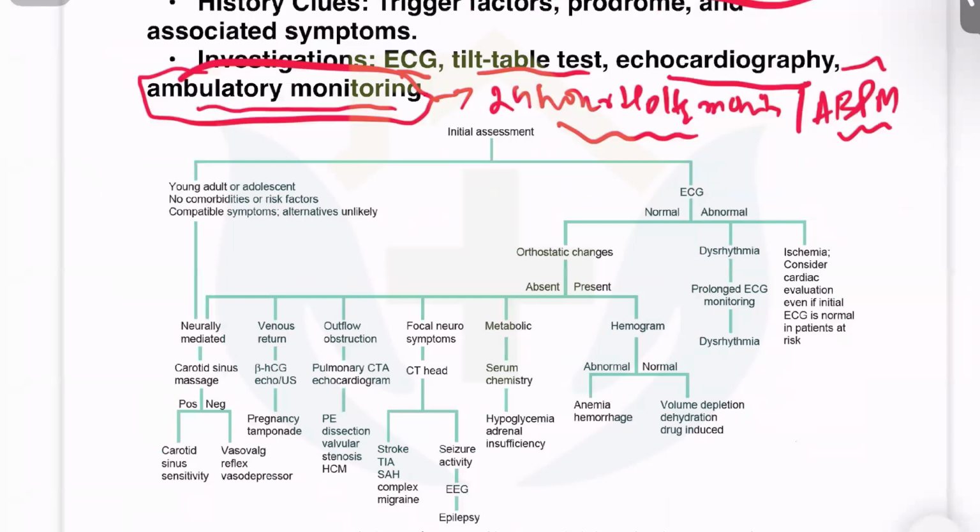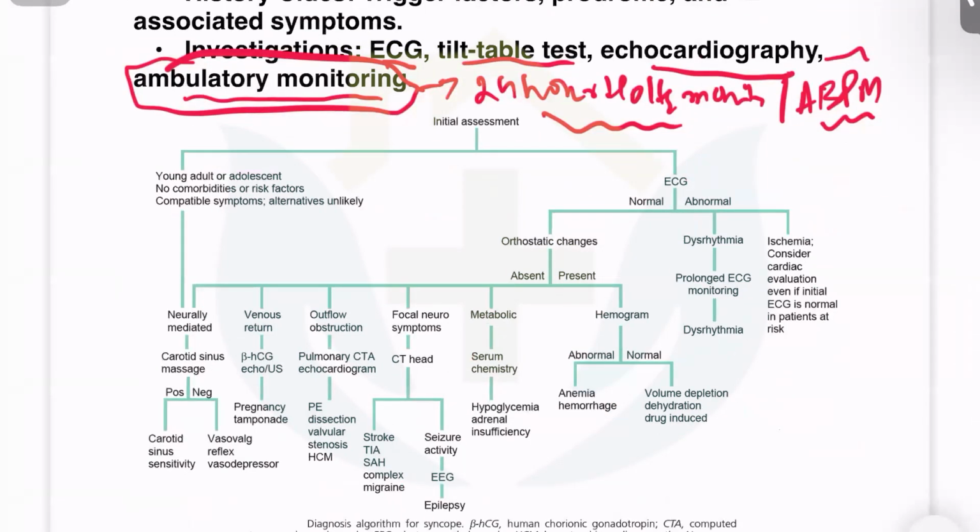Whenever a patient comes to you with syncope, after the initial assessment, you look at the age group. If it is a young adult or an adolescent with no comorbidities or risk factors, compatible symptoms, and alternatives are unlikely, then you should consider neurally mediated syncope, usually in females. There are more chances that these patients can have a supraventricular arrhythmia.